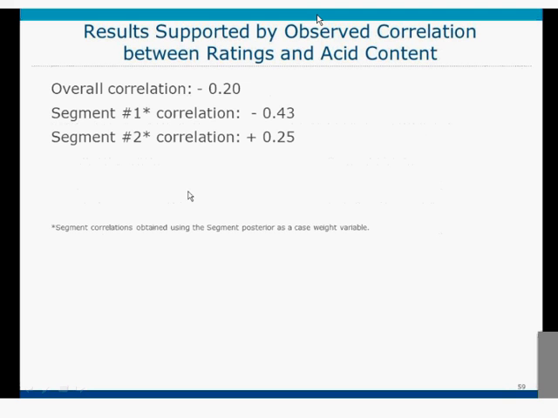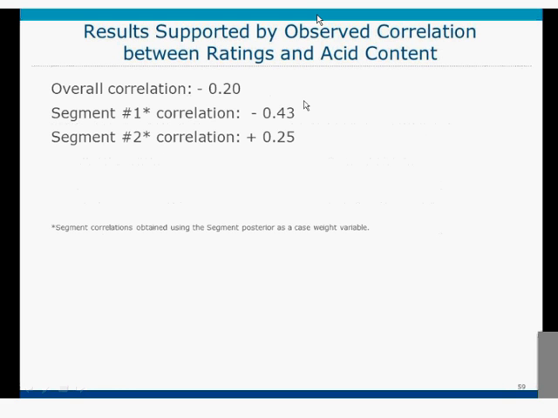Now, getting back to this, just concluding this example here, for segment number 1, if you go back to the original data, you could see that in fact the correlation between the overall rating and the acid content for the juices, if you just limit it to those that are in segment 1, is minus 0.43, while it's plus 0.25 for those in segment 2.